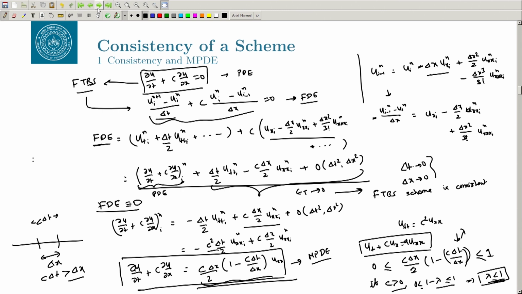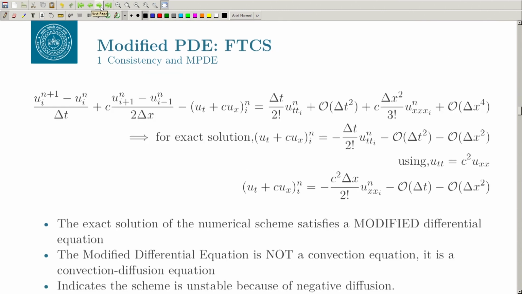So, the modified partial differential equation is basically the exact solution of the numerical scheme. It is not the exact solution of the mathematical model or the partial differential equation, but this is the exact solution of the numerical scheme, and it is different from our PDE. In this particular case, for example, it is not a convection equation, it is a convection diffusion equation, both in the case of FTCS or FTBS.